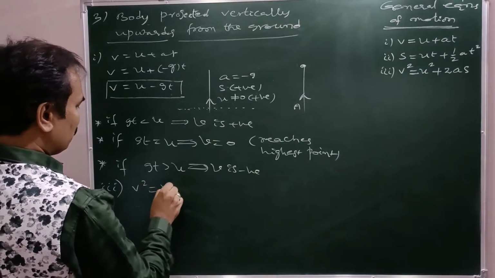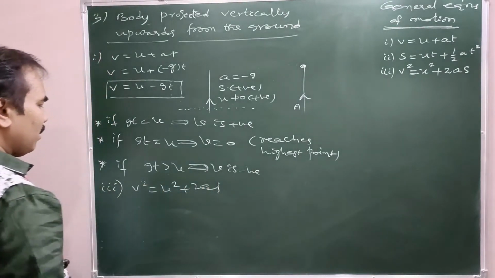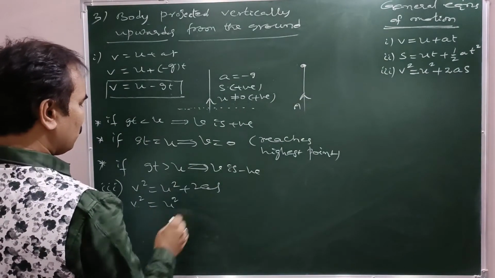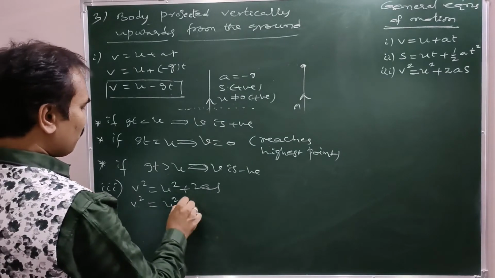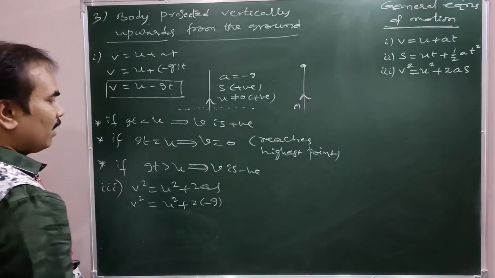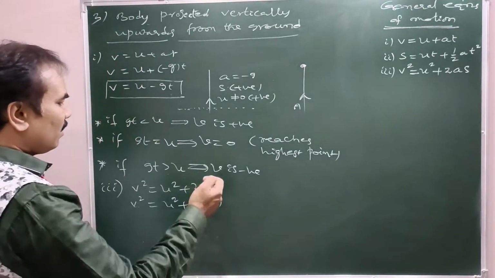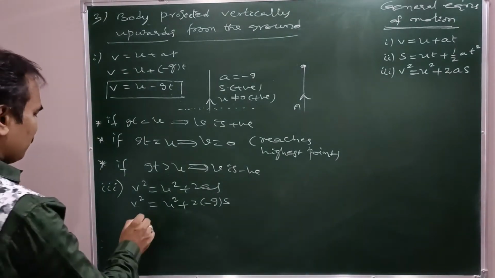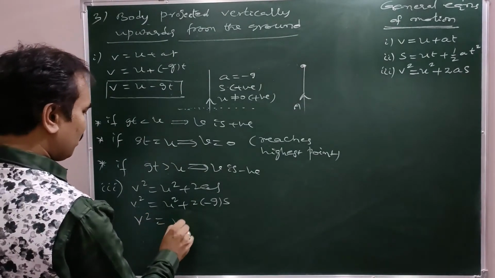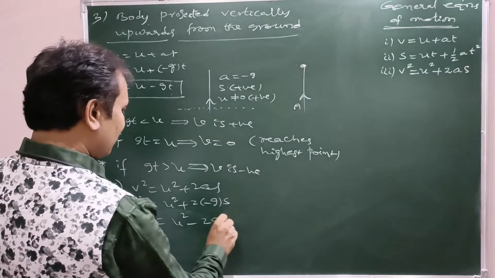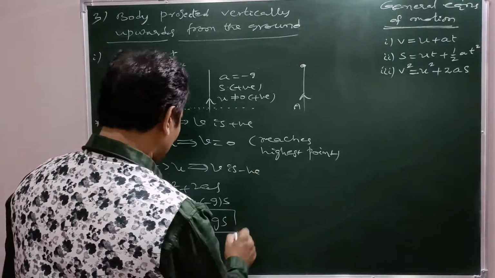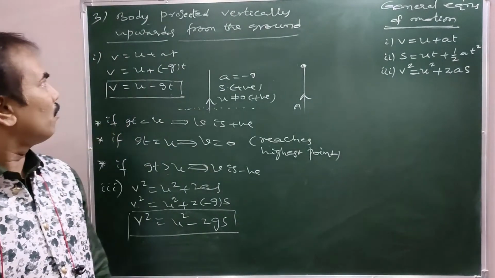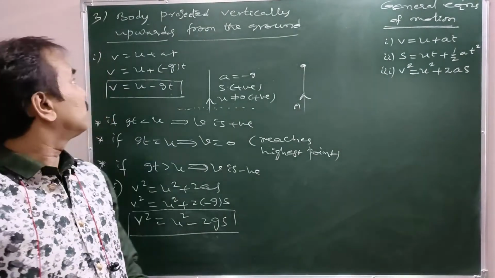Now v square becomes equal to u square plus 2 into a, which is minus g, into s. Right? V square equal to u square minus 2gs. So this is the third equation. Okay, now let us see the fourth case.